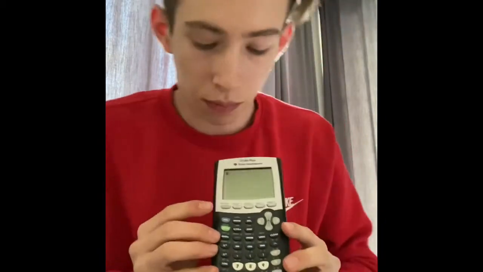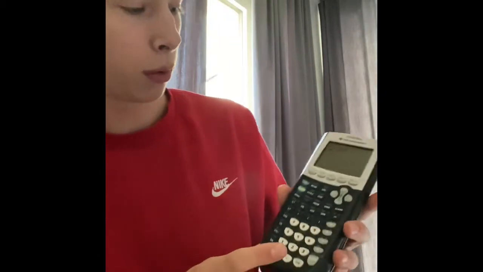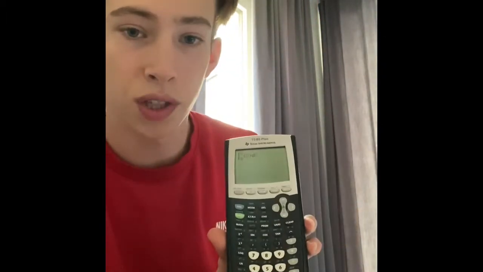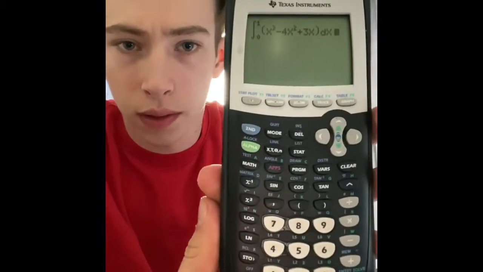And so when we're doing this with the calculator, you want to press math 9, and we will be able to see this formula, and now we just have to plug it in. So I plug in here 0, then up here 1. One sec, I'm just plugging it in. So it should look something like this.